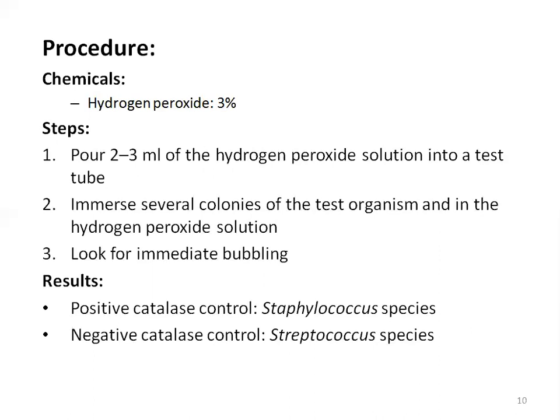Pour 2 to 3 ml of the hydrogen peroxide solution into a test tube. Then, using a sterile wooden stick, or you may use a glass rod, remove several colonies of the test organism, immerse these colonies in the hydrogen peroxide solution, and then look for immediate bubbling.